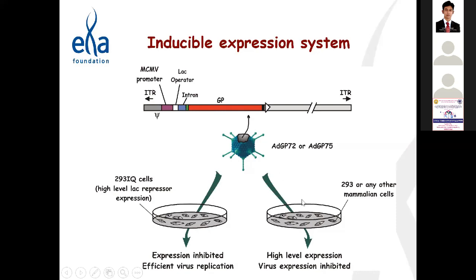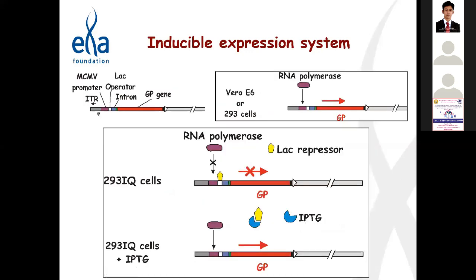On the other hand, if we are using another cell line like 293 or any other cell line which does not express the Lac repressor, or if it is being injected into an animal, there is no Lac repressor. So there will be a high level of expression of this Ebola glycoprotein.